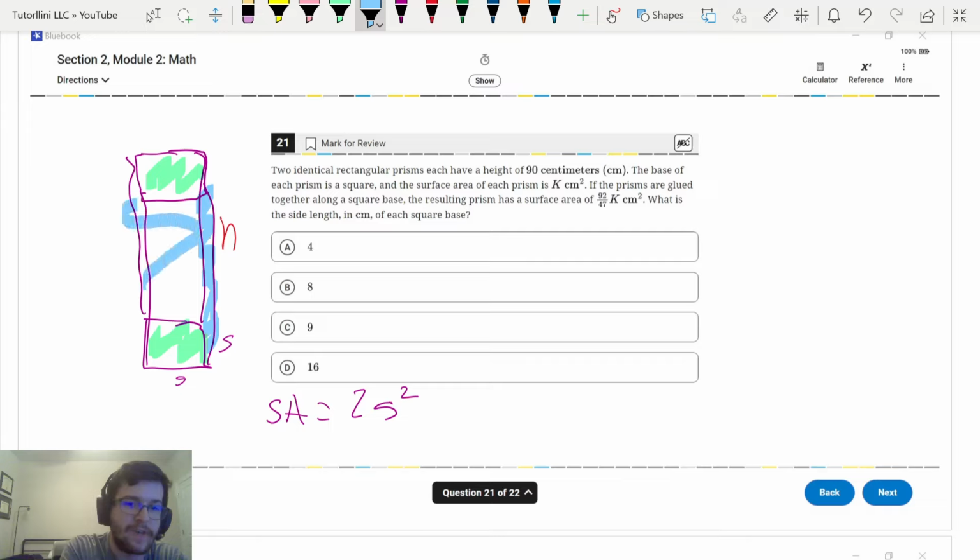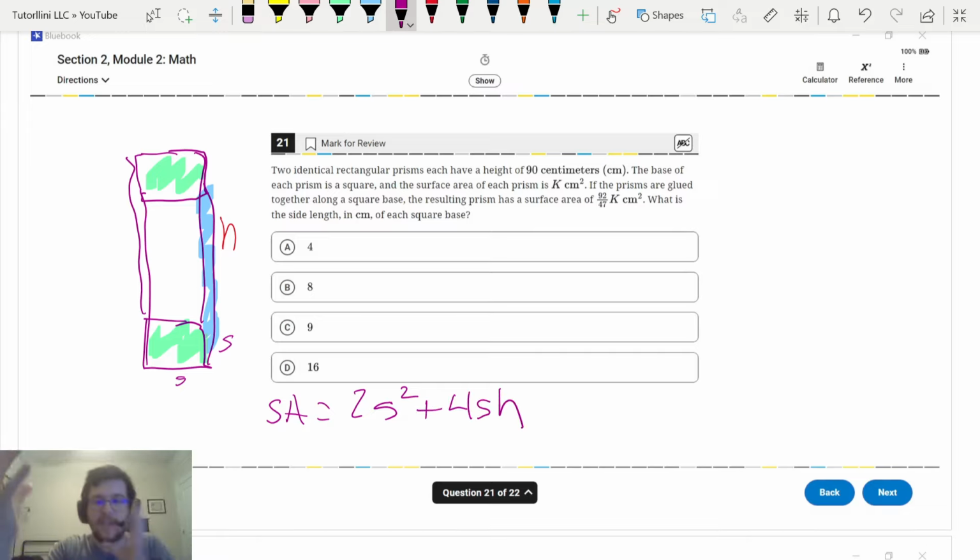And if you go around, there's four of them. So this would be 4sh. Like if you had a rectangular prism, like your calculator or something, it has four lateral faces, so that's why we're multiplying by 4.